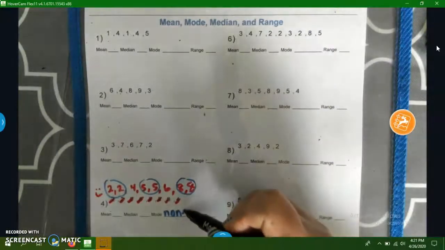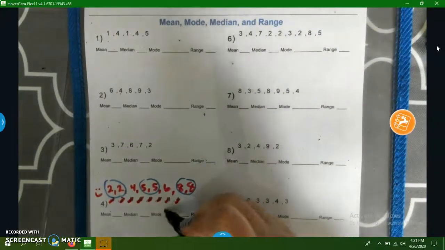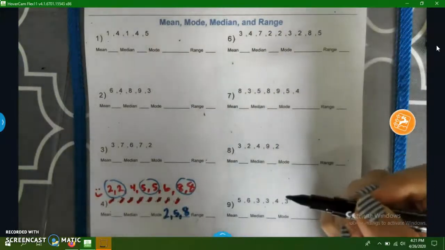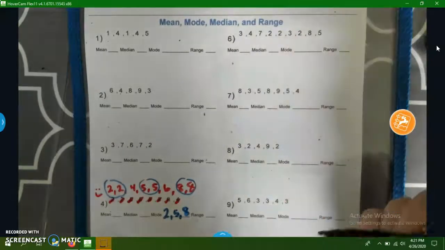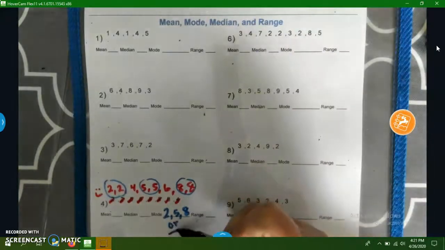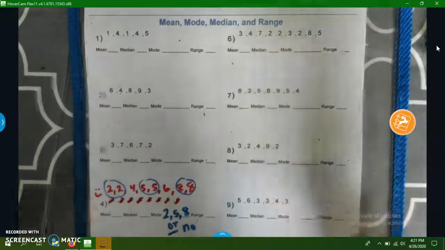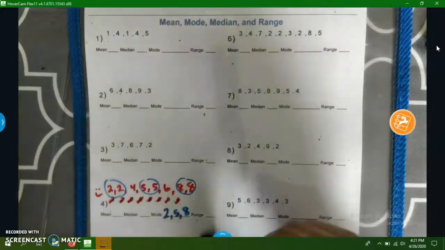Other people would say that there's a 3-way tie and list out 2, 5, and 8. Either way is correct. You can say there are 3 modes, 2, 5, and 8, because there's a 3-way tie, or you can say no mode. Either one would be correct. I'm going to leave it as a 3-way tie, though.